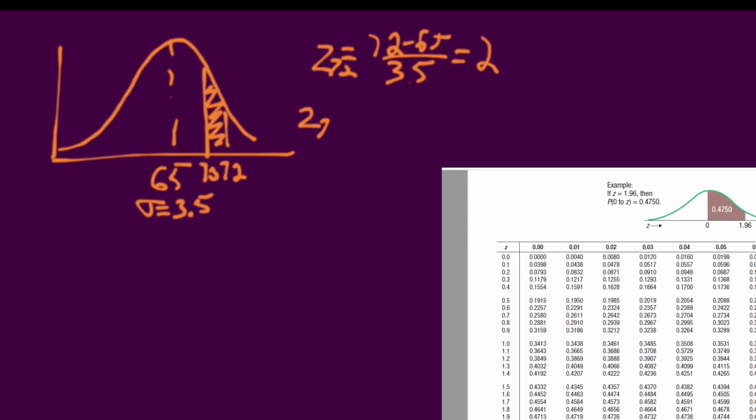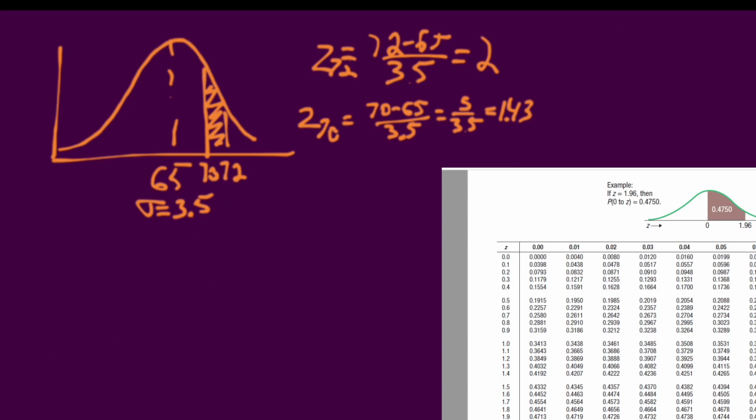The z of 70 is 70 minus 65 divided by 3.5. So that is 5 over 3.5, which is 1.428, but we'll round it to 1.43.